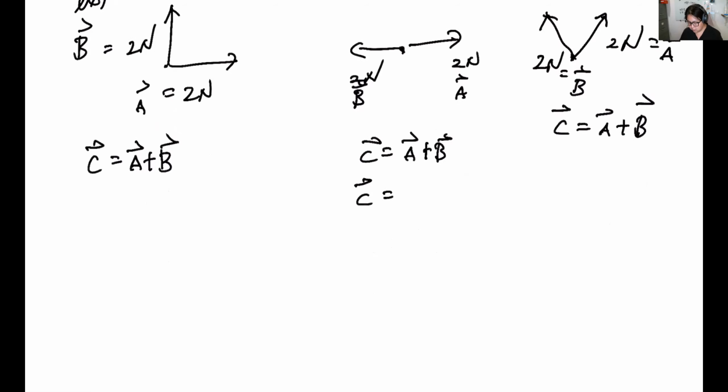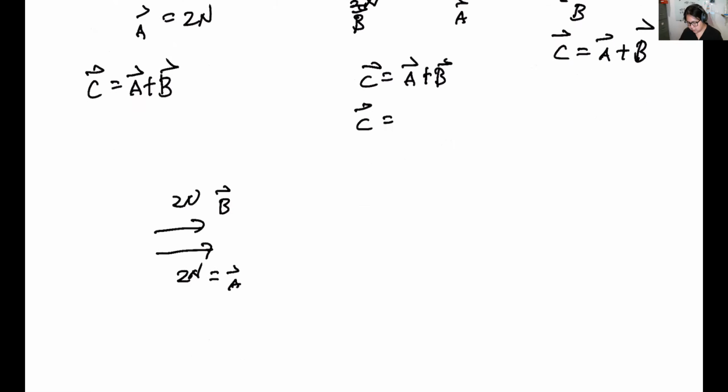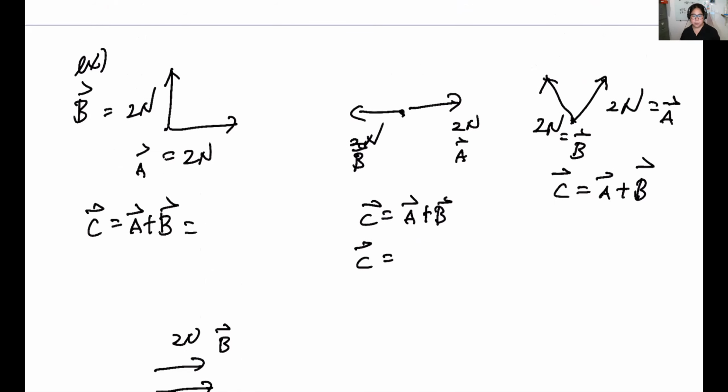Or is it only the case where you have 2 Newton, 2 Newton aligned? This last case is going to be 4 Newton. But you don't know. So I want you to find the C vector for all these cases.